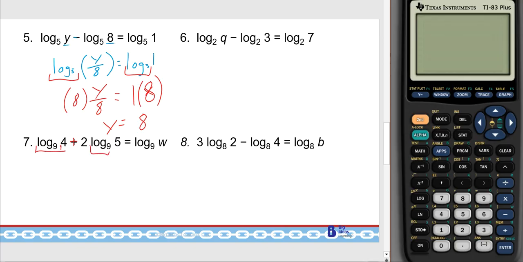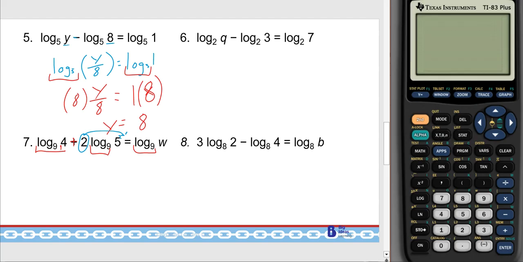So I have log 9, log 9, log 9, but I have this 2 out in front here. So before I can use the product property, I need to use the power property. And so I'm going to take this 2, and I'm going to make it an exponent on the 5. So this is going to become a 5 squared.